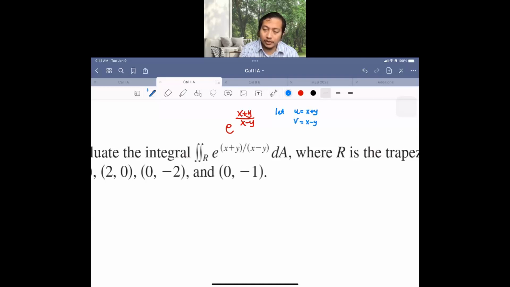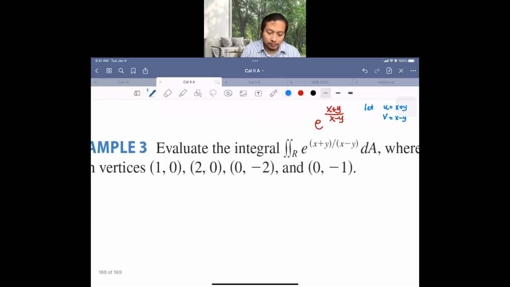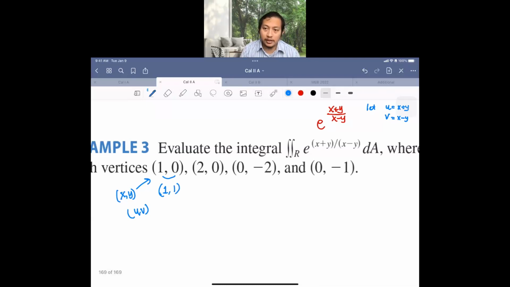By doing so, we can make a new pair of coordinates, a new u and v from here. So x, y is this one, the vertices. For u, v, you can make this x plus y become 1, and for v, x minus y, it's just 1, another 1, right? Do the same thing and you will get a new set of vertices for u, v.